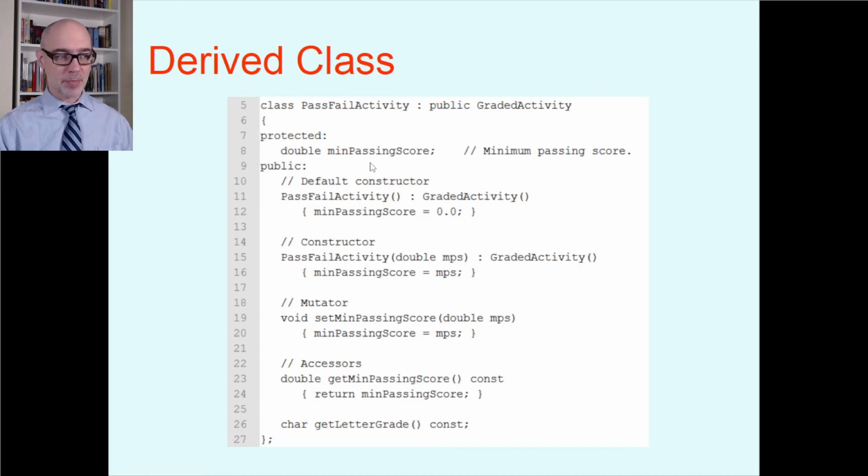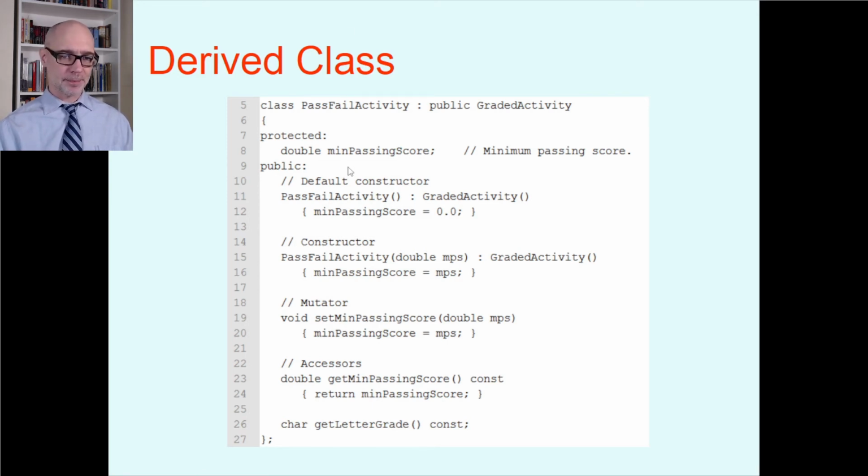It's called minPassingScore, for the minimum passing score, the lowest score that we'll accept for a pass grade on this pass-fail activity. Notice again, this is made protected because maybe we're going to derive some more child classes. You can have multiple chains of this. Actually, there is a child class of this that continues expanding the inheritance. But just for now, we're focused on this.